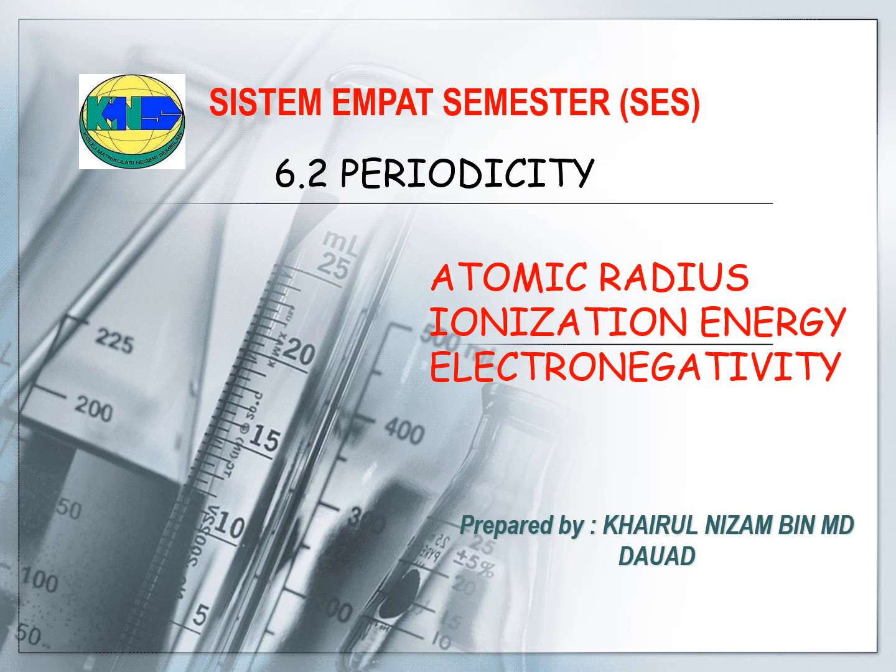The main objectives of this part are to describe the variations of atomic radius across the period and down the group, to define ionization energy and describe the variation of ionization energy across the period and down the group, and the last objective, to define electronegativity, and describe the variation of electronegativity across the period and down the group.